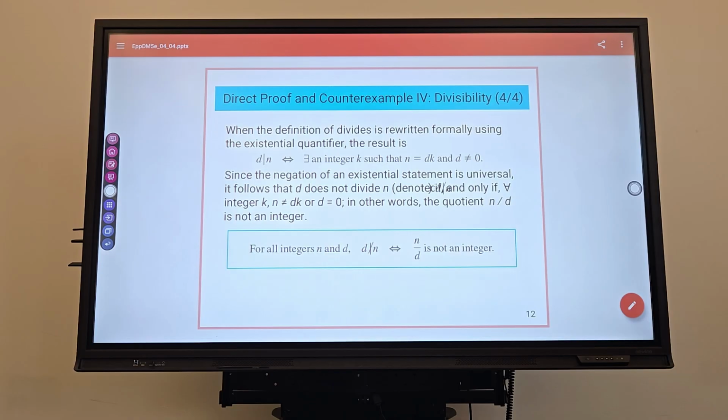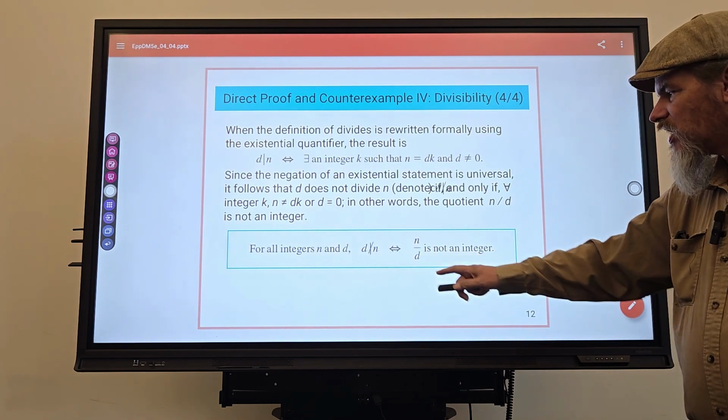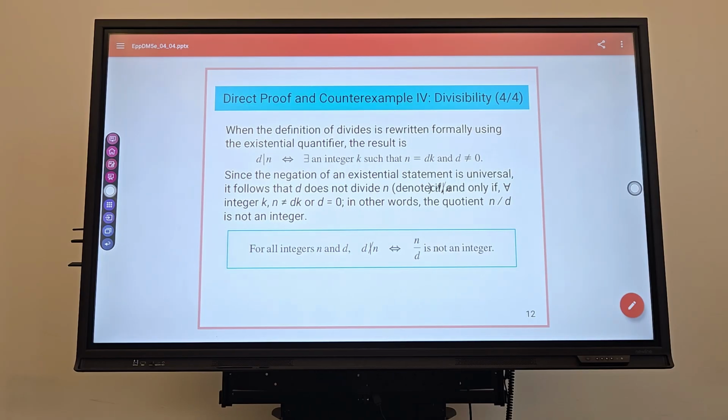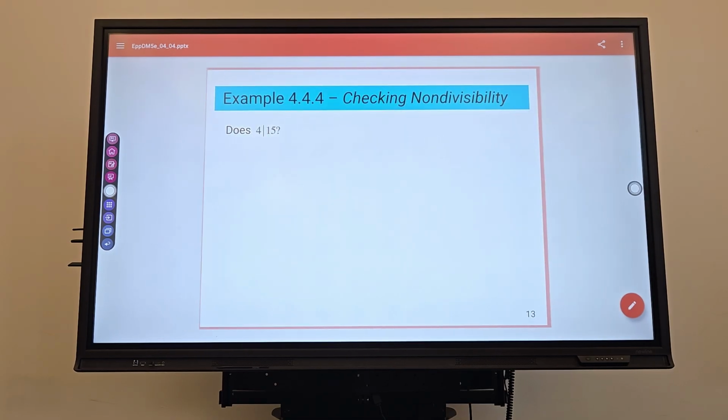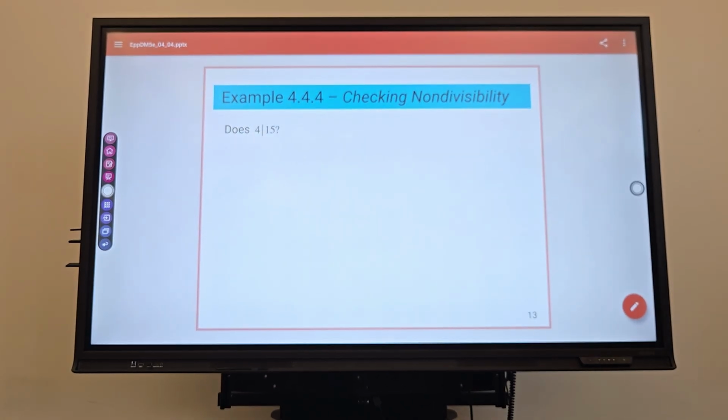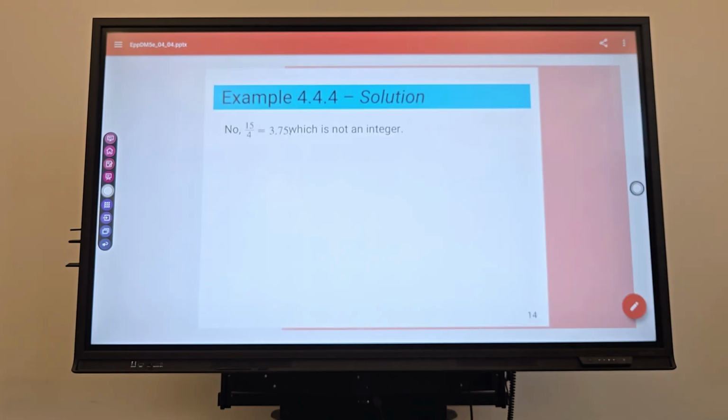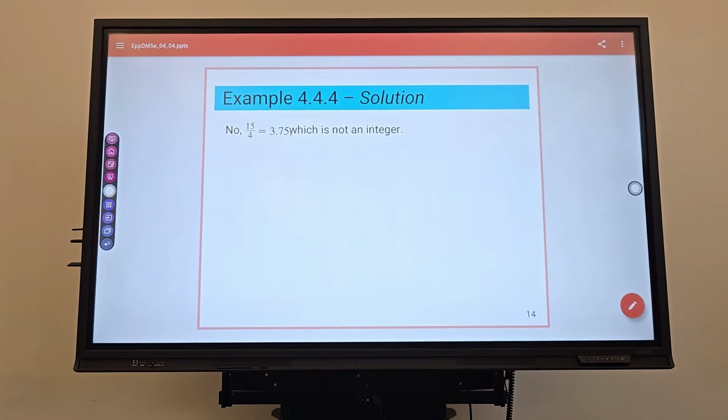In other words, the quotient n divided by d is not an integer. So for all integers n and d, n divided by d is not an integer. In the case of d being 0, it's not a real number at all, but that still means it's not an integer. Does 4 divide 15? Nope. Because it's not an integer.